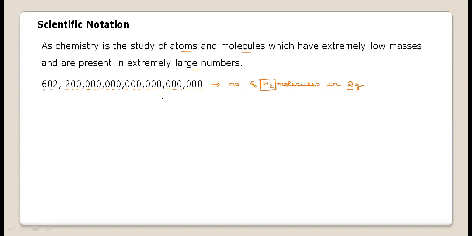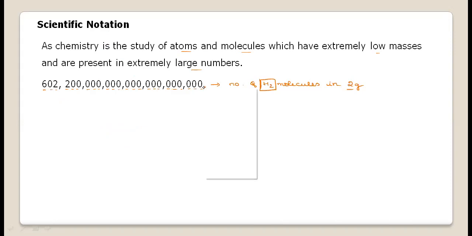So in such cases, our scientific notation will help us to handle the data. With this basic example, how to represent this we'll learn later, or I will show here only.